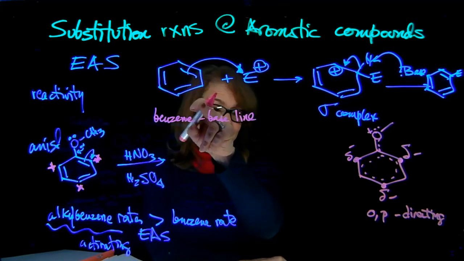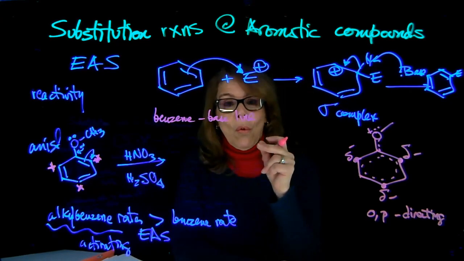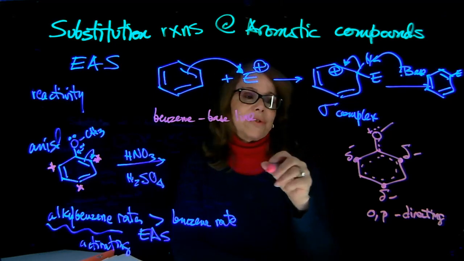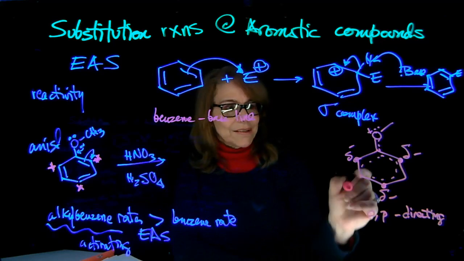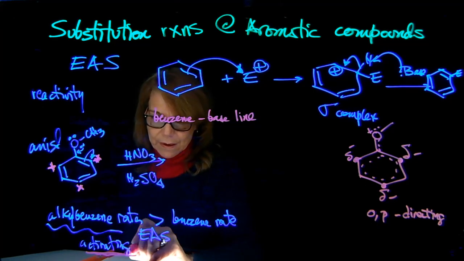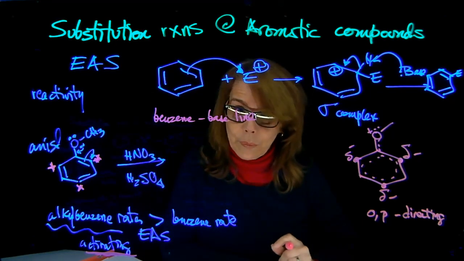And again, since this is a nucleophilic attack, that substitution will happen where you have the most electron density. And when you have activators like this, or activating groups, they will direct ortho-para.